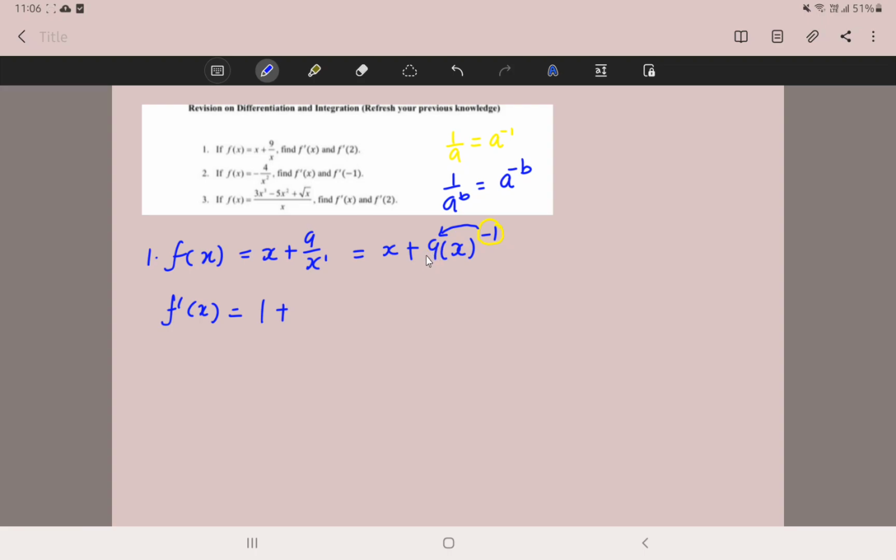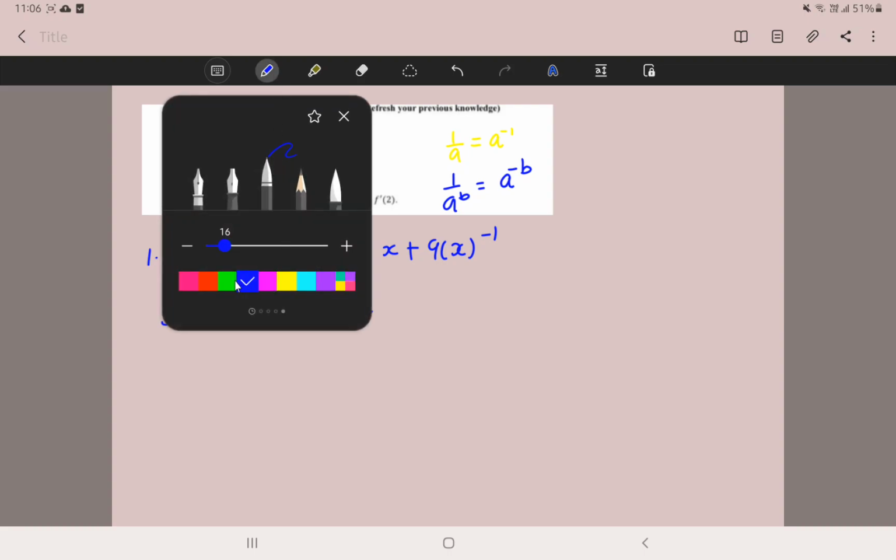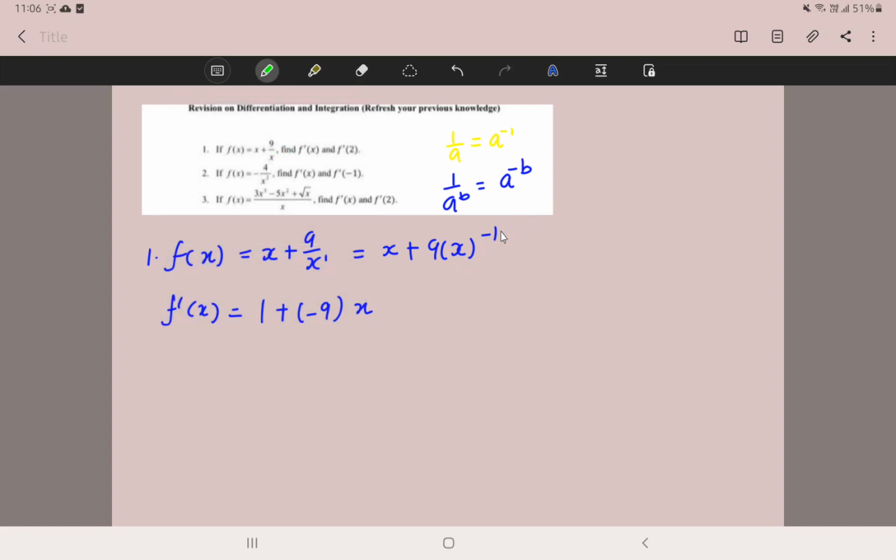If you want to find the derivative, 9 times negative 1 is basically negative 9, times x. After you bring the power in front, you need to subtract 1 from the power.